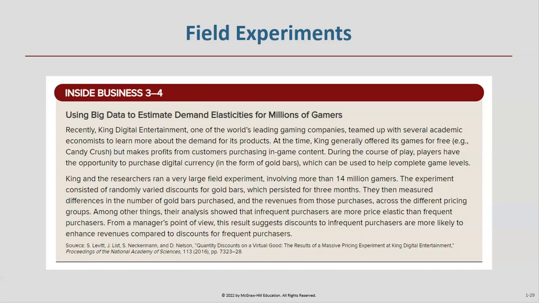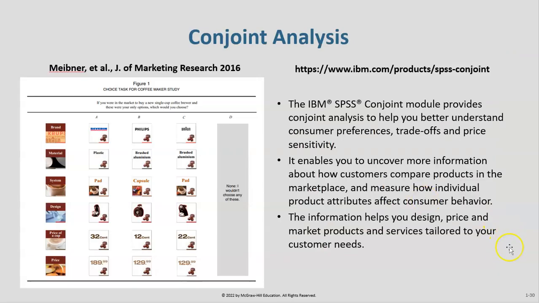Another way that this data is collected is with surveys. The survey data can be analyzed in various ways, and here's SPSS, the Statistical Package for the Social Sciences. They have a conjoint module. SPSS is now owned by IBM. You can see how they are marketing their product. The conjoint module provides conjoint analysis to help you better understand consumer preferences, trade-offs, and price sensitivity.